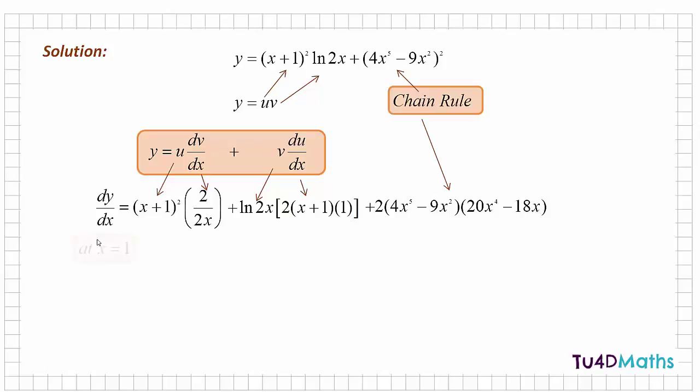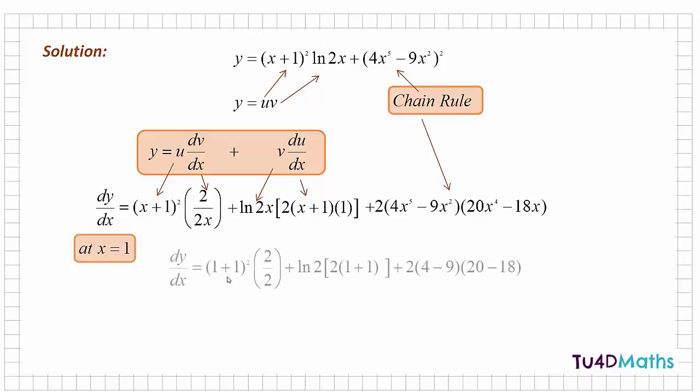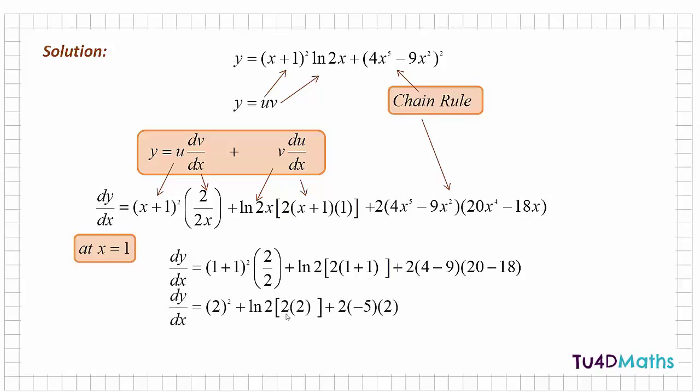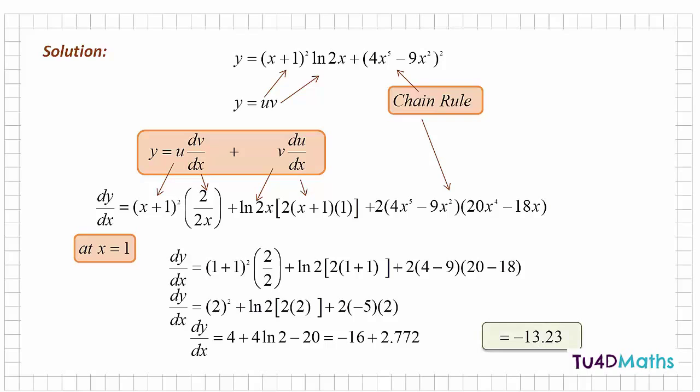Now, at x equals 1, anywhere we have x, we substitute for 1, which gives us the following expression. If we simplify this, we get 2 squared plus the log of 2 times 4 plus 2 times minus 10, and if we simplify this further, we get minus 16 plus 2.772, which is minus 13.23.